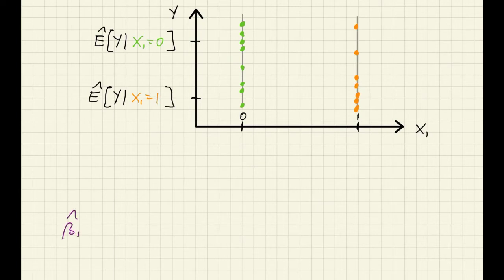Beta 1 hat is the slope coefficient of an OLS regression of y on x1. And we know that it can be written as the difference between this term and this term.